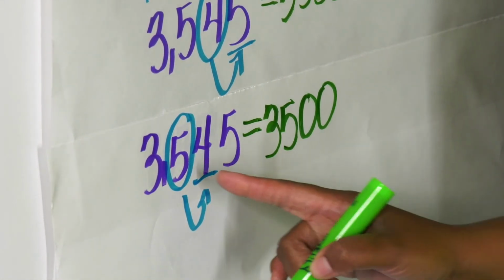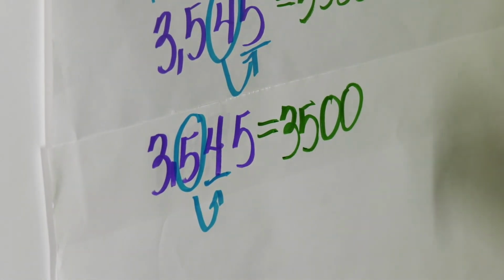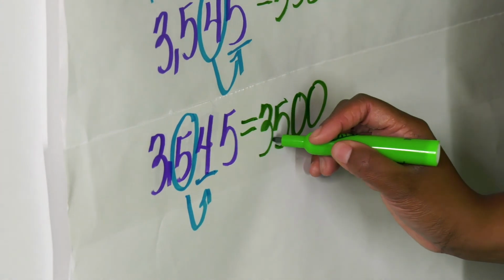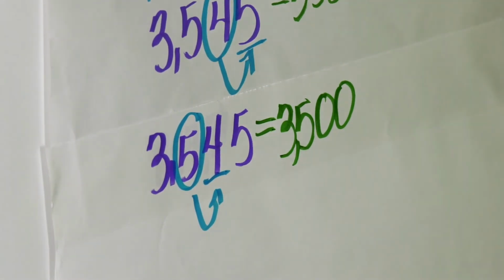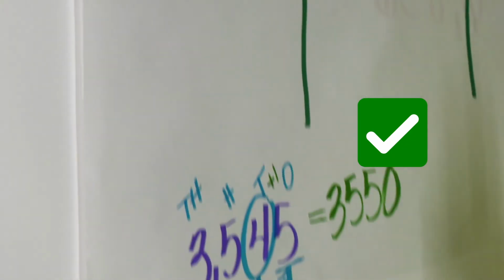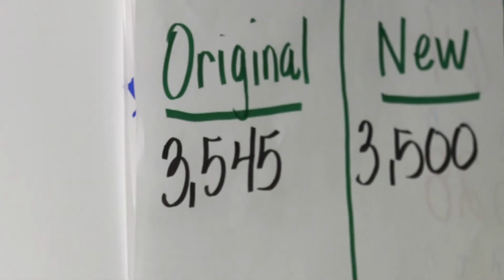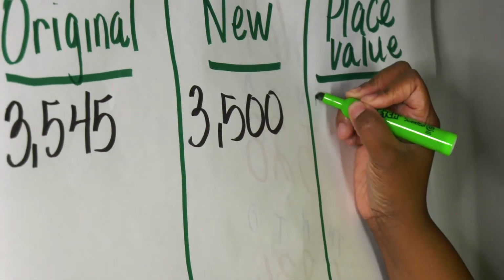And we have 2 digits after our circled number. So this is 3,500. Does that look like this? Yes. So what place value did we round to? We rounded to the nearest 100.